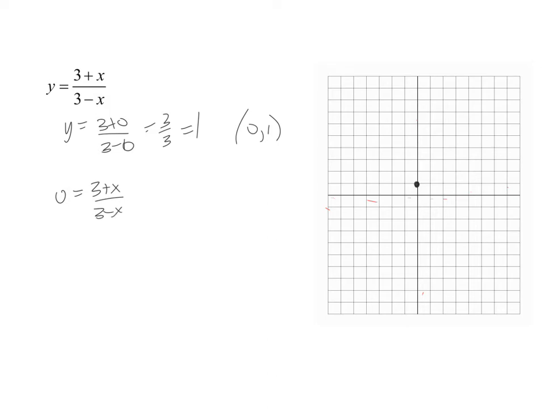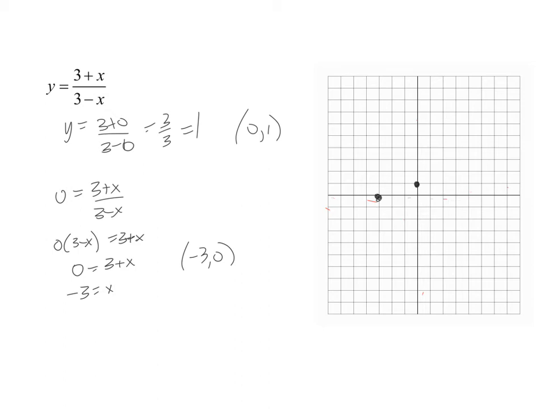So we'd bring that 3 minus x up to the other side. But because we're timesing by 0, that'll all turn into 0 anyway. So we get 0 equals 3 plus x, and subtract the 3, and we're done. So our x-intercept would be at negative 3, 0. So we can plot that. So we know our curve's going to be between those 2 points.